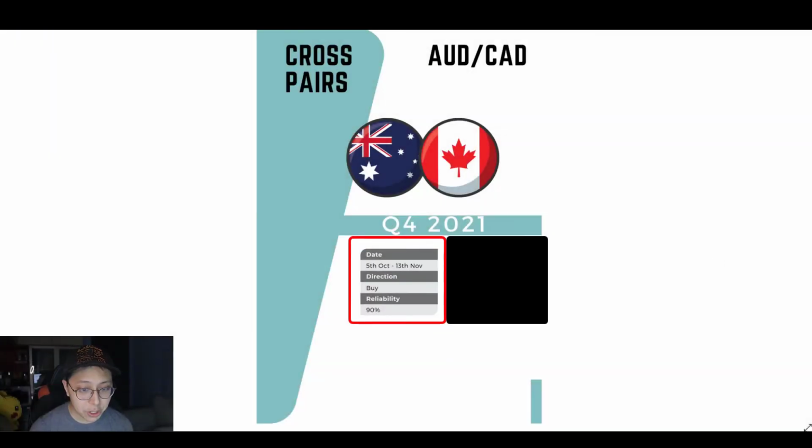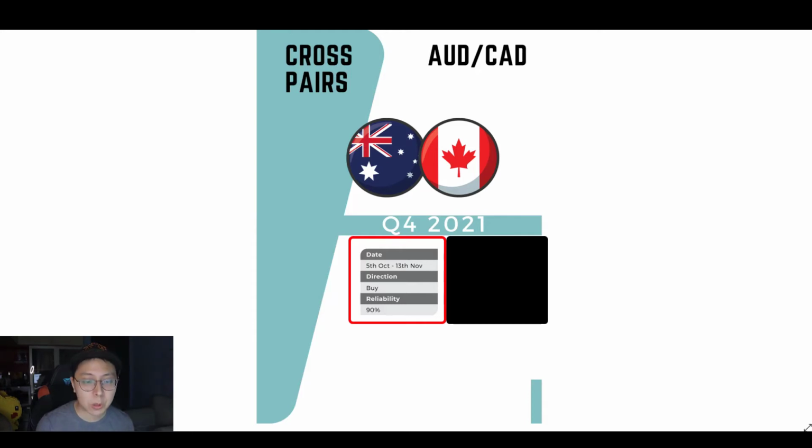Over here, what you can see is what we call the seasonal cards. This is on Aussie CAD. You can see from the screen, from the 5th of October to the 13th of November, based on seasonality for the past 10 years, Aussie CAD has a 90% probability, or in this case we call it reliability, to the upside.